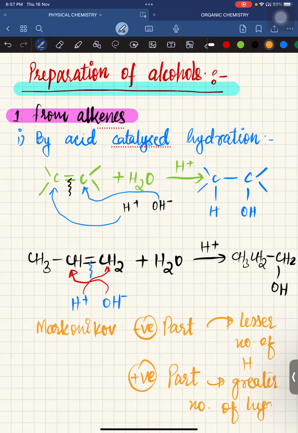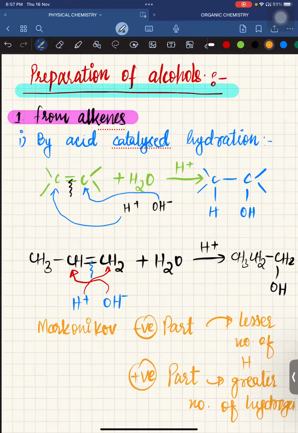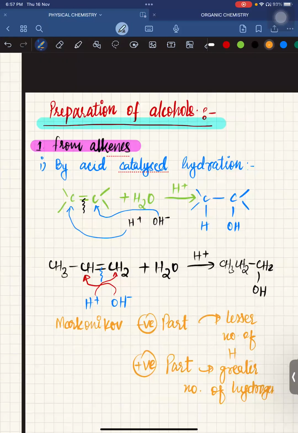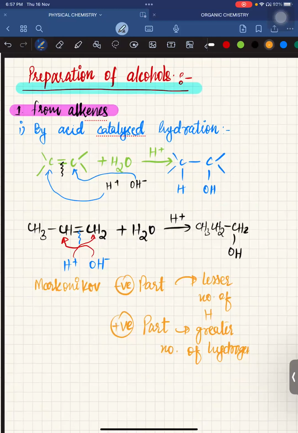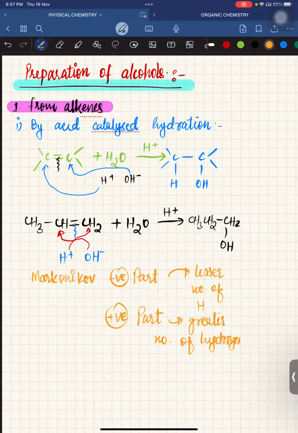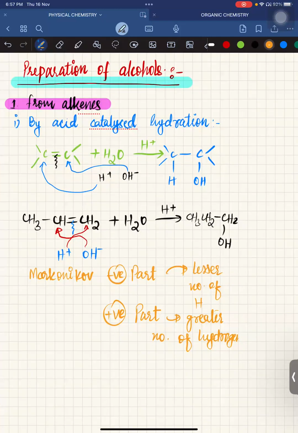And I think it's clear to both of you. Yes or no? We will do the mechanism in which you will come to know that there is formation of carbocation.